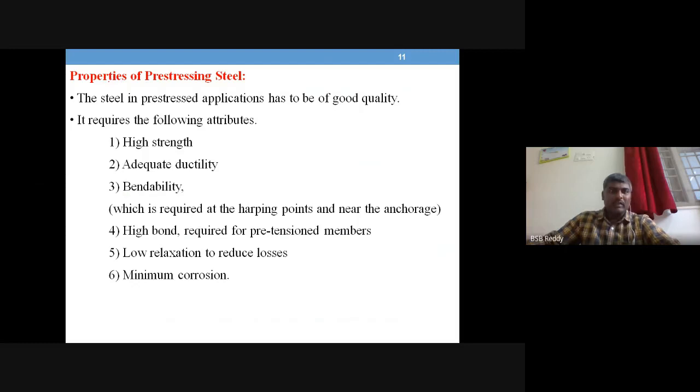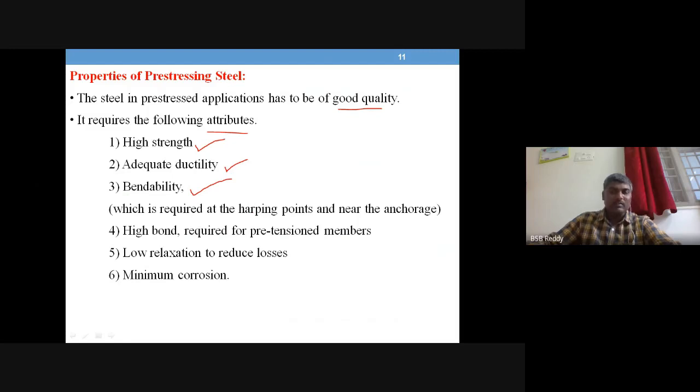Okay, right. What properties of pre-stressing steel are there? It should be of good quality and needs the following attributes. It needs high strength. We need adequate ductility and adequate bendability.